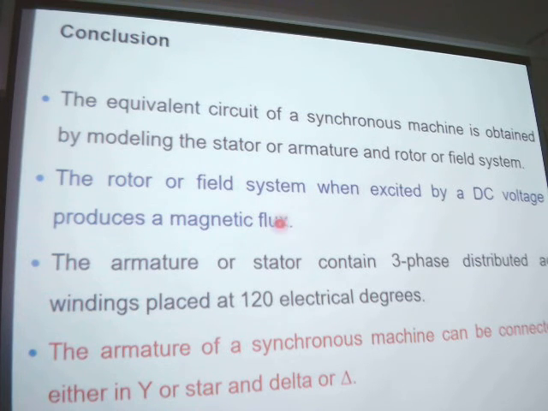The field is supplied by a DC voltage to generate flux, and the three phases are distributed at 120 degrees, maybe delta or star connections. With different connections, the relationship between the current and the voltage will be different.